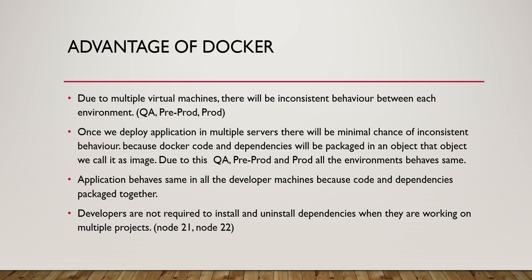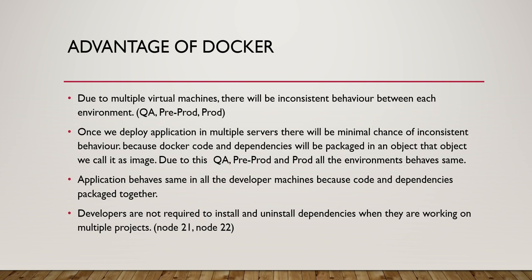Developers are not required to install and uninstall dependencies when they are working on multiple projects. Consider a developer working on multiple projects. One project is using Node 21 and another project is using Node 22. When the developer is working on application A, he is using Node 21, and when he wants to switch to application B, he has to uninstall Node 21 and reinstall Node 22, because application B supports Node 22.